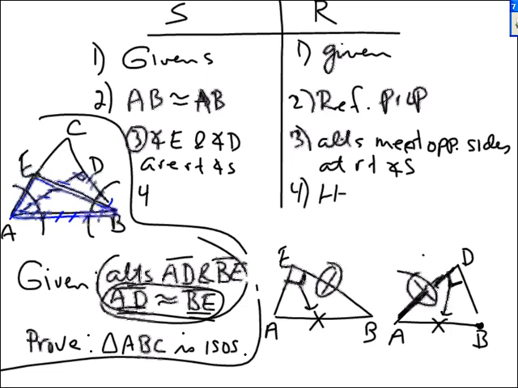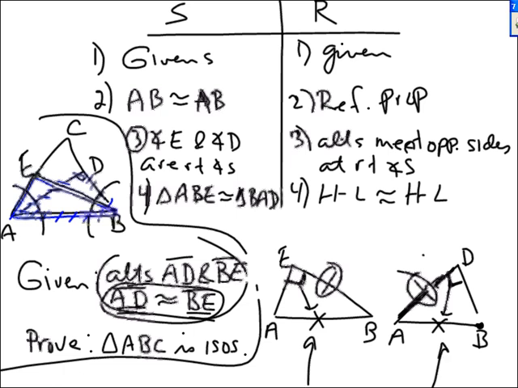So by hypotenuse leg, we can now say that triangle ABE is congruent to triangle BAD. The two triangles down here are congruent.